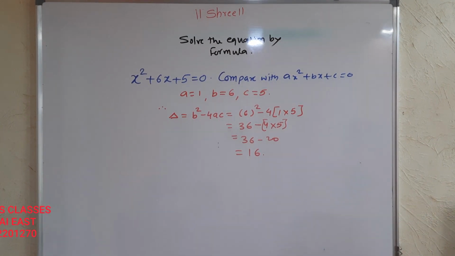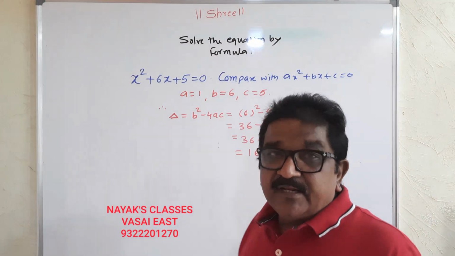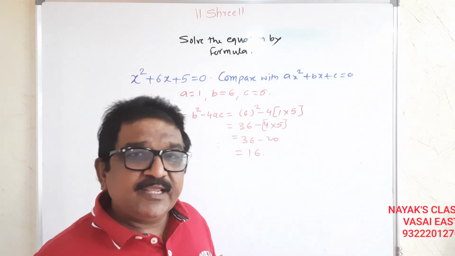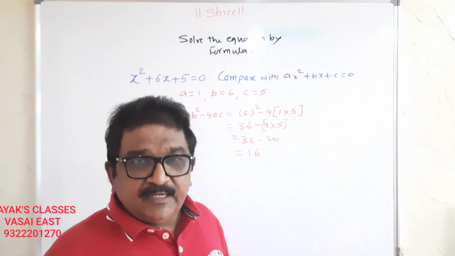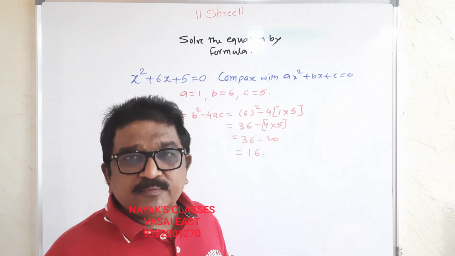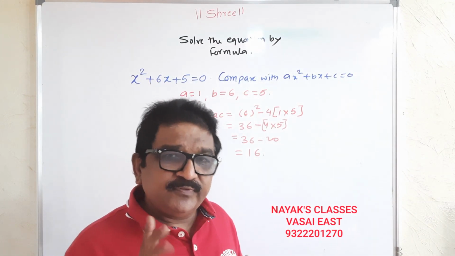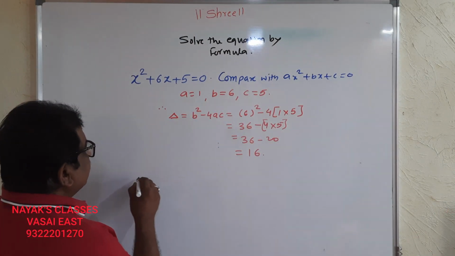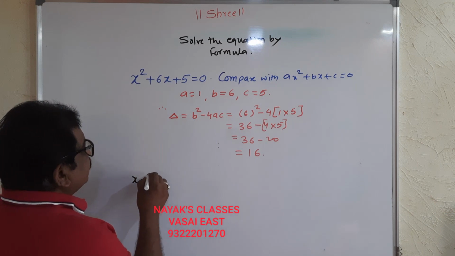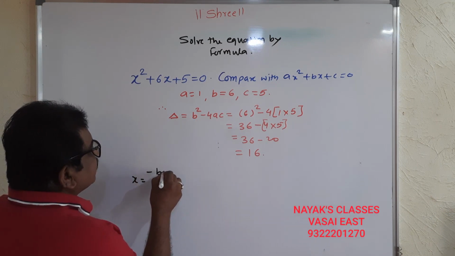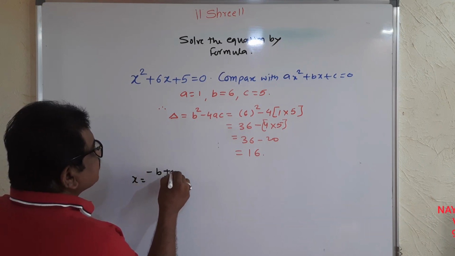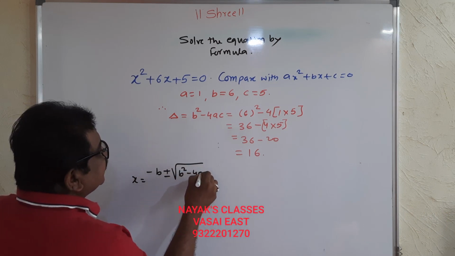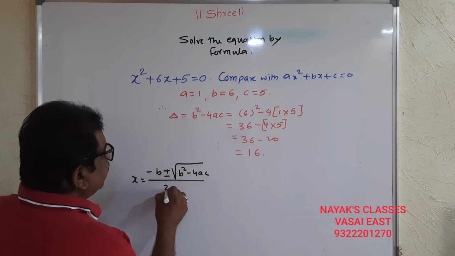I have told you, if the discriminant is not negative, we can solve further. So the main formula is x is equal to minus b plus minus under root b square minus 4ac upon 2a.